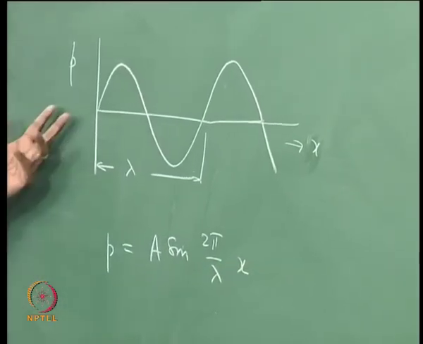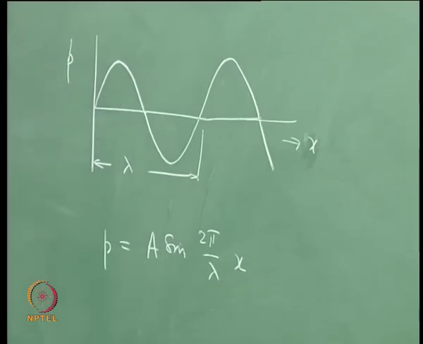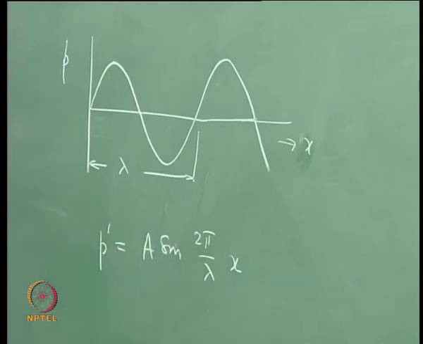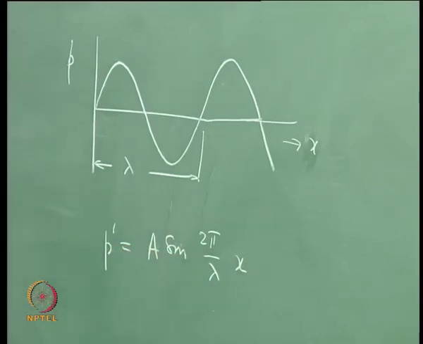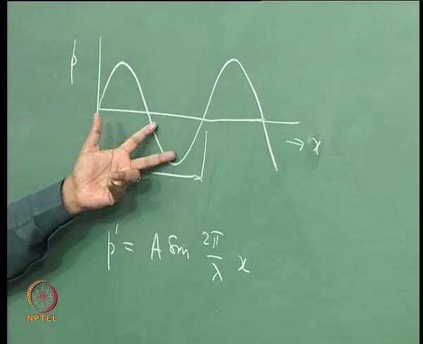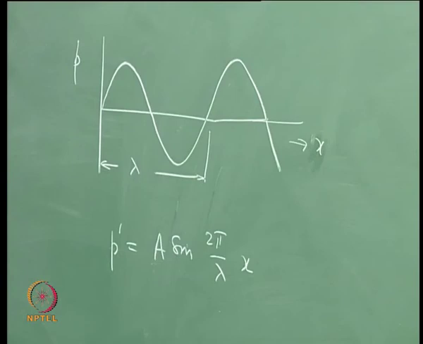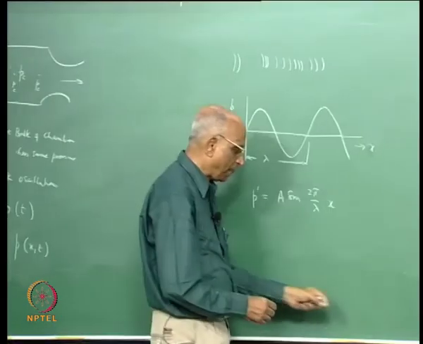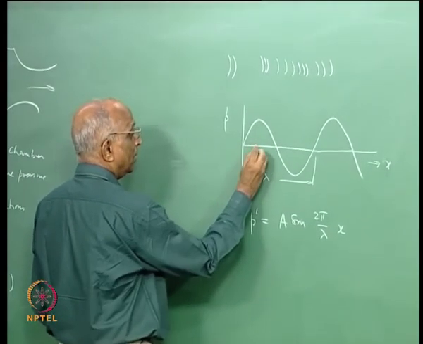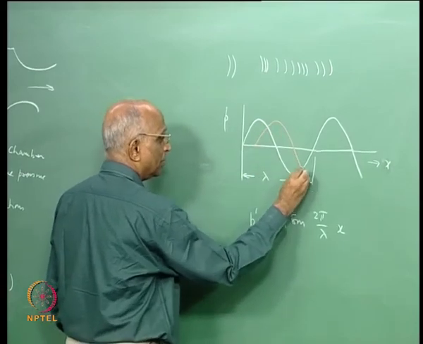This is the equation to a sound wave which is propagating, and sound wave means a disturbance wave. P prime is equal to P hat or A sine 2 pi by lambda x. But there is no travelling component in this. This is just a wave of compression, but I was telling you that the wave travels. If the wave is going to travel at the speed of sound, that is a meters per second, where a denotes the speed of sound, well, after a time t, after I start, the wave should come over here, right?